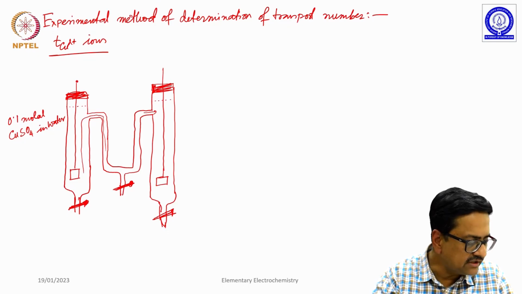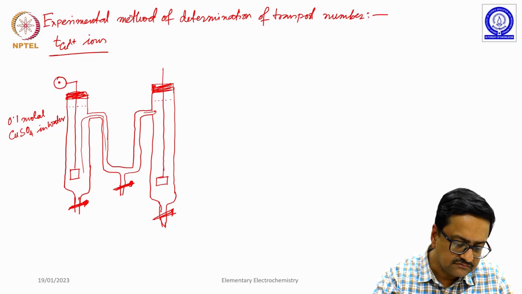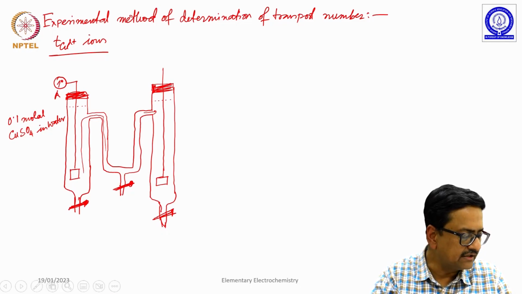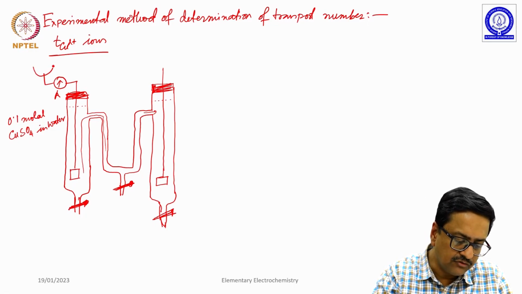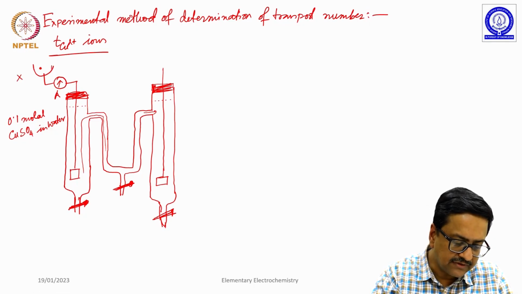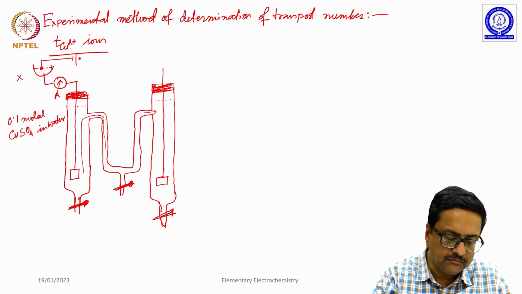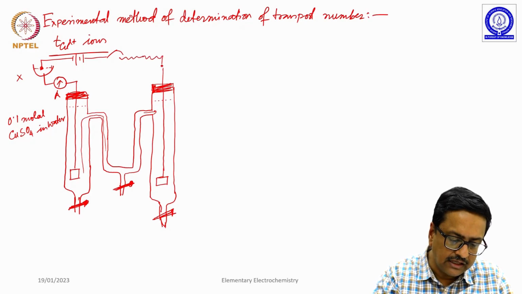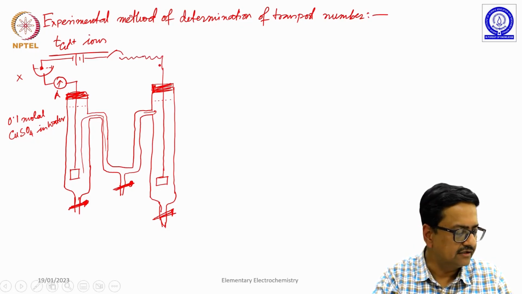Then what we have here is an ammeter which measures the amount of current that is passed. It is connected to a silver coulometer X, and that silver coulometer is further connected to a power supply, that is a battery, and we have a switch and some resistance connected here.